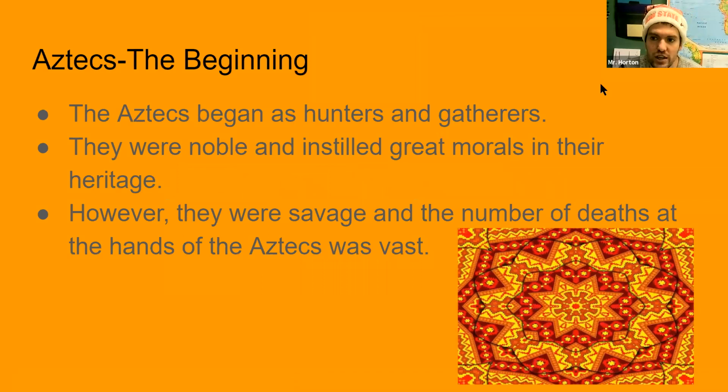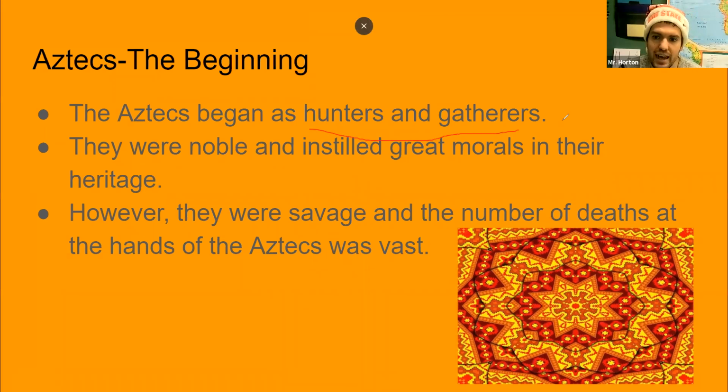So the Aztecs started as a group of hunters and gatherers. Remember we talked about the first people in the Americas, as they walked around, they were traveling and exploring the land. And the way that they were moving from place to place is because they were hunting and gathering different resources.